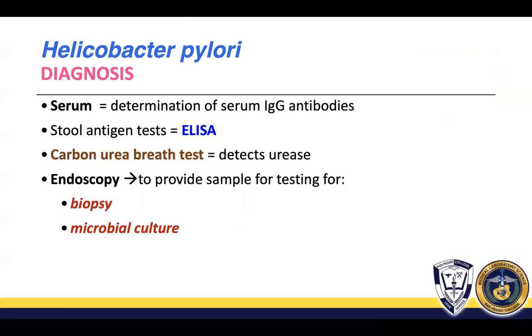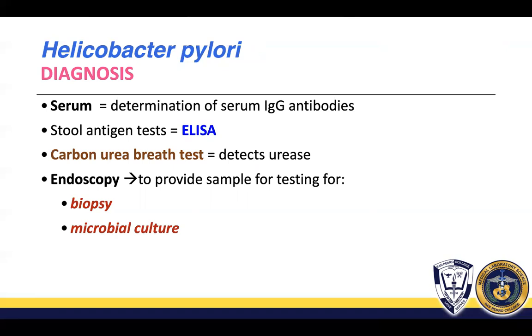So for diagnosis, apart from cultivation and biochemical tests, we can also identify them using serologic methods. We can determine serum IgG antibodies for H. pylori. We can perform stool antigen tests via ELISA. We can also perform the carbon urea breath test, which detects urease activity.